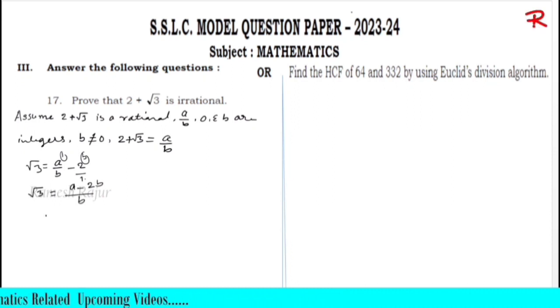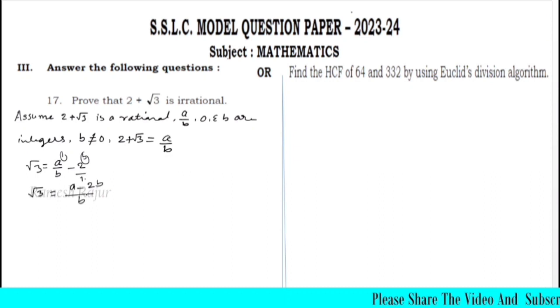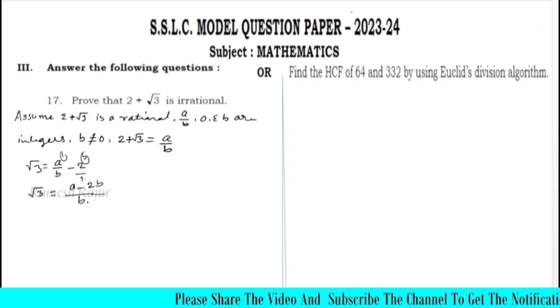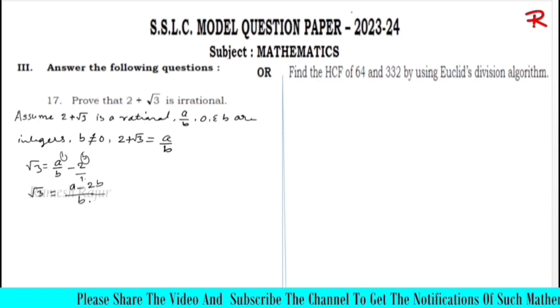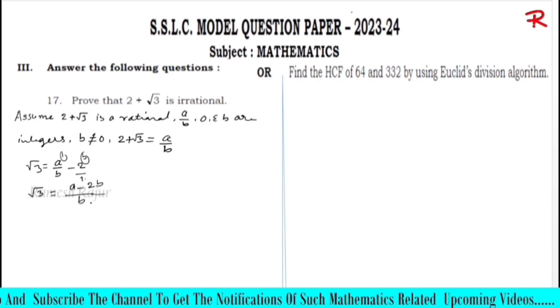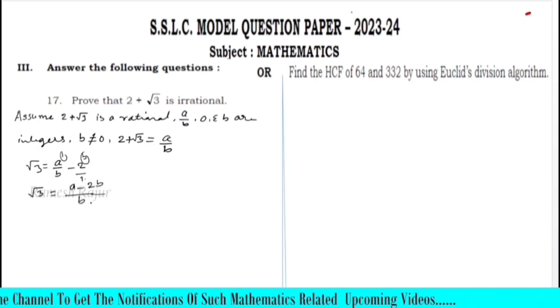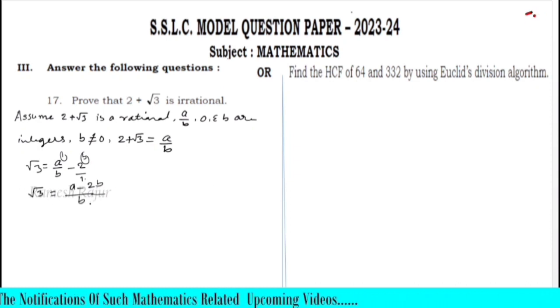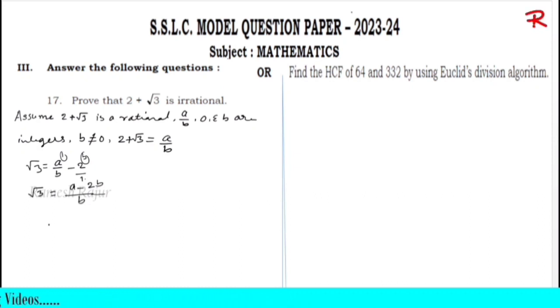Comparing the left hand side and the right hand side, in the left hand side we have an irrational number, whereas in the right hand side we have a minus 2b by b. Here a and b are rational, and the operations among rationals, whether addition, subtraction, division or multiplication, give again a rational.